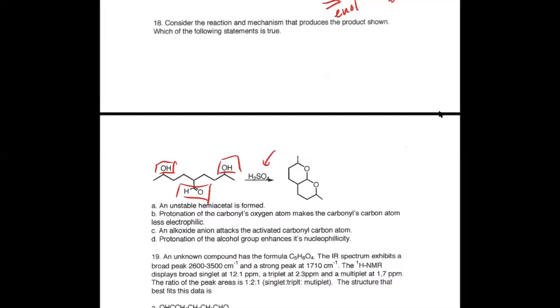So what are our conditions? Acidic. All right, so using that information, we're going to try to knock some things out. And then we also have the formation of what type of functional groups? Are these ethers? These are ethers. Yeah, very good job. And we have this ring formation.